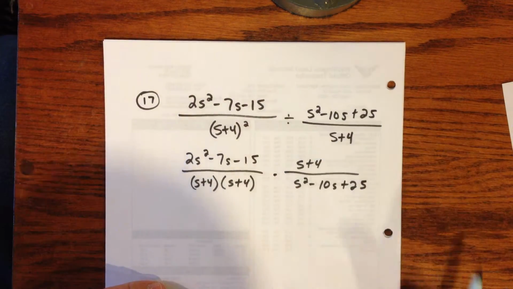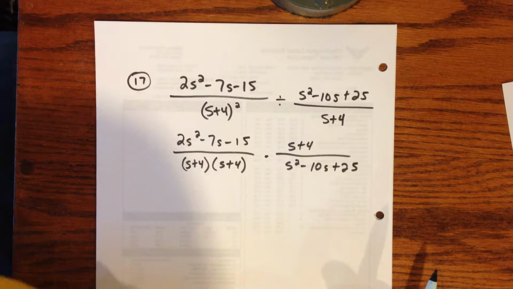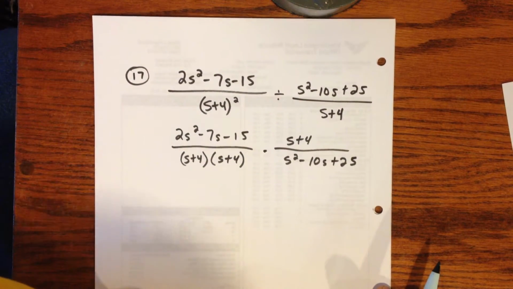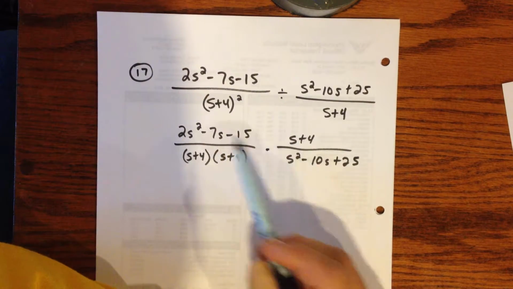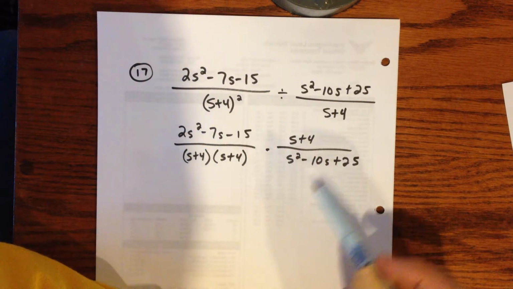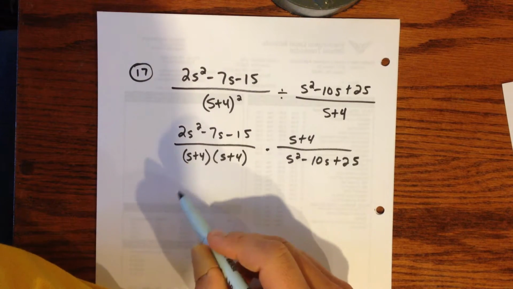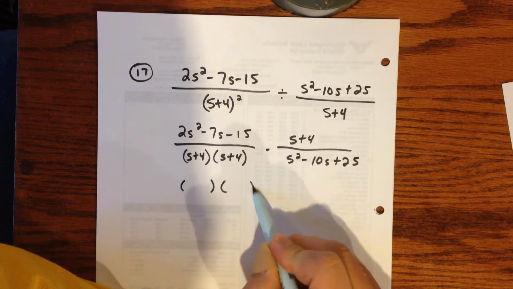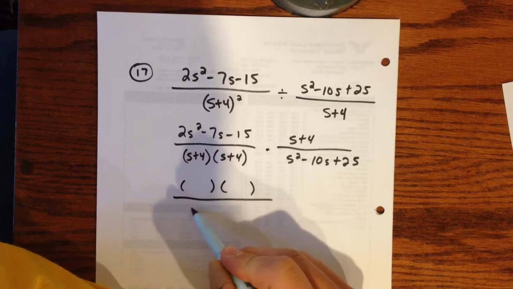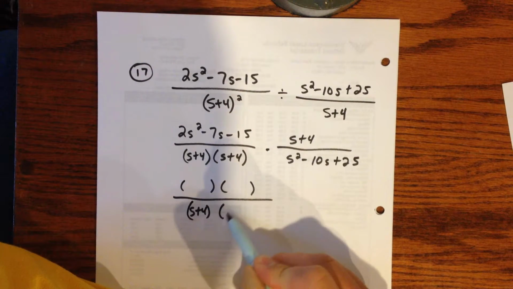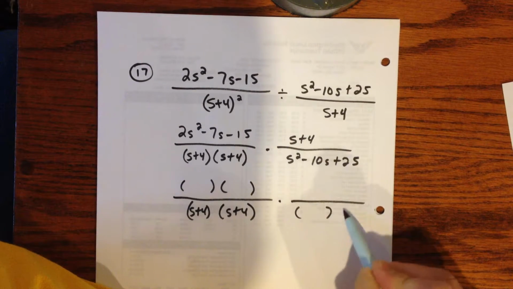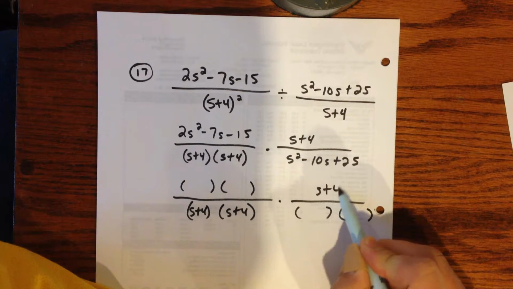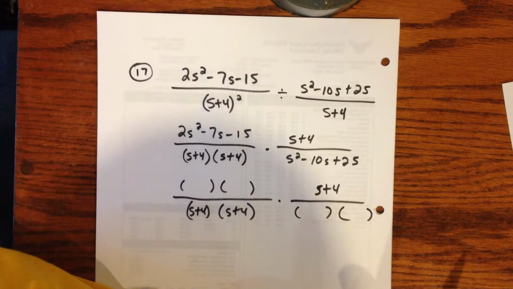So division into multiplication, that's what you have to do when you divide fractions. So it looks like I have two trinomials, quadratics, that I have to factor. So that's not that big of a deal. The bottom one's already factored. Looks like I have to factor down here, and that's a single binomial there.